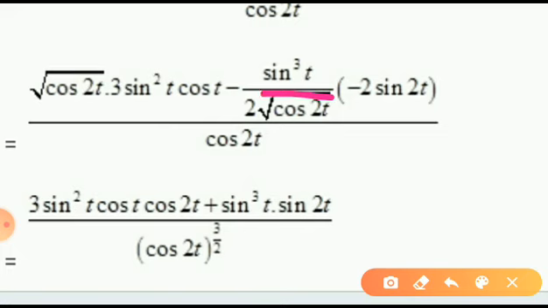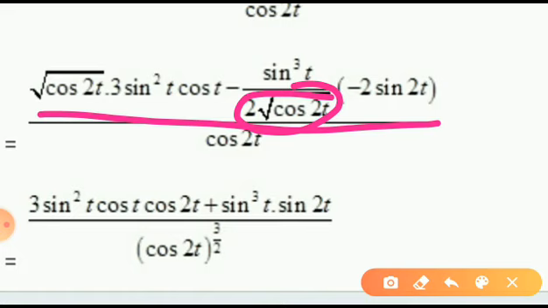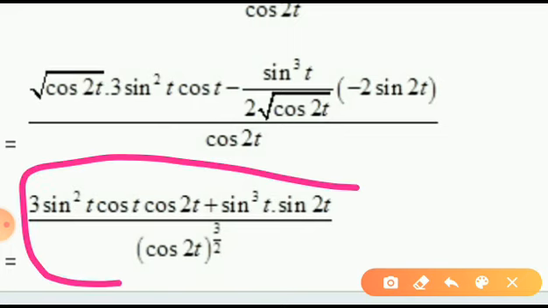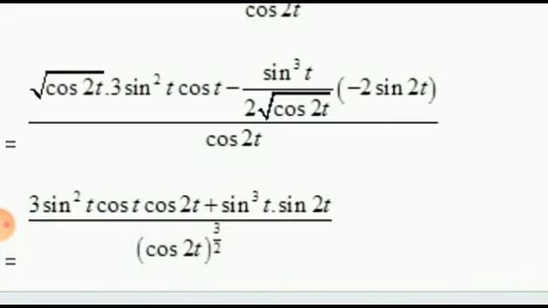After that, here I have denominator as 2 into root of cos 2t. So what I can do is just multiply that throughout to your numerator. After simplifying, will I get 3 here? Here 2 and 2 will get cancelled. So I have to just multiply it by root of cos 2t. So will I get this as a simplified form? So this is the value of your dx by dt.